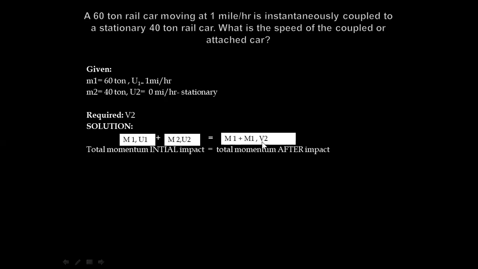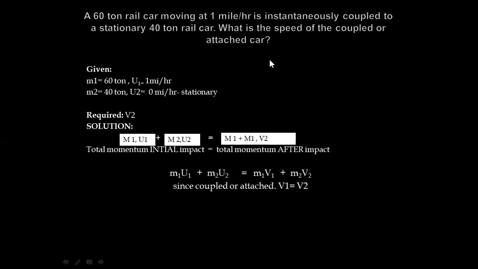If we proceed with our numerical solution, the total momentum of the initial impact is equal to the total momentum after the impact. m1u1 plus m2u2 is equal to m1v1 plus m2v2. This is the equation for the conservation of momentum.